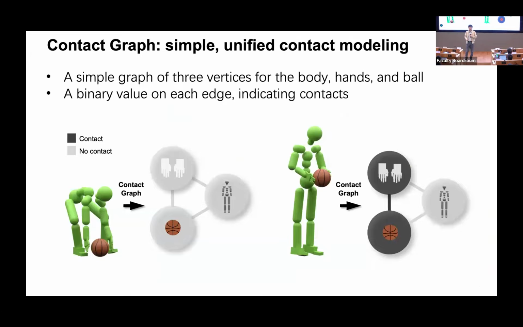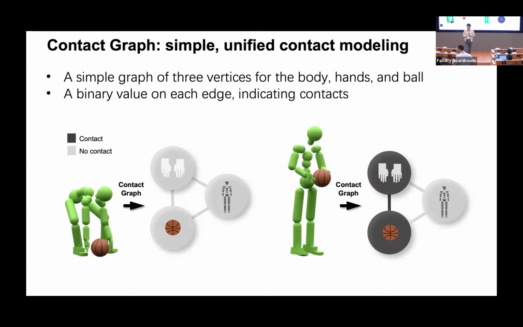And in this process, actually, I think an important design is the contact graph. We find that it is very important to let the network understand the contact between the objects and the body. Like in this case, we just use a graph of 3 vertices, 1 vertex for the hands, 1 vertex for the basketball, and another vertex for the whole body.